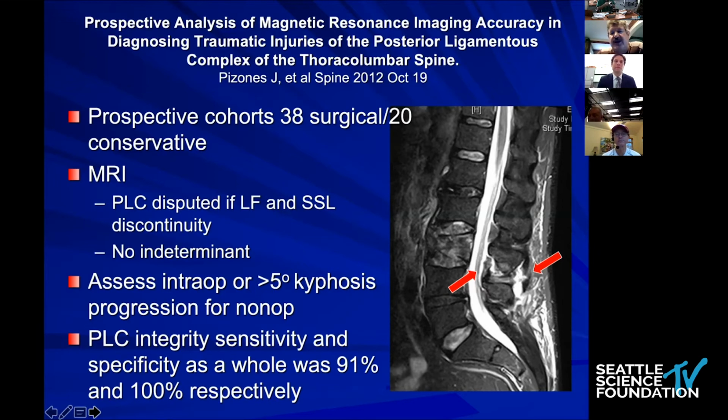But if you see disruption of two black lines, one being the ligamentum flavum line at the base of the spinous process, and one being the supraspinous ligament at the posterior edge of the spinous process shown in this slide, that was very sensitive and very specific for disruption of the posterior ligamentous complex. So if you do see that on a patient who you're in question on an MRI, that is a posterior ligamentous complex disruption. Anything short of that is very hard to measure.